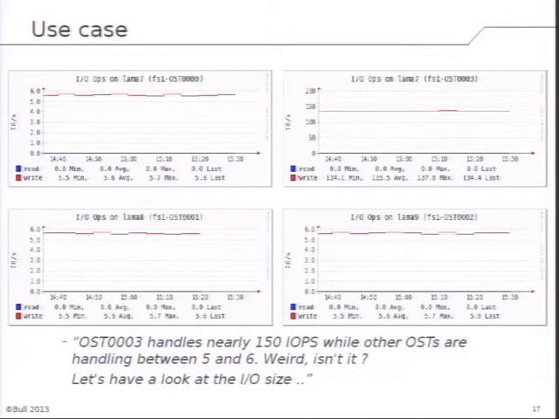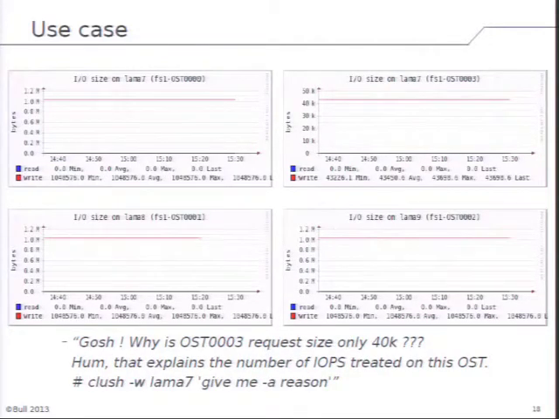So we're going to try to go further and look at the IO size, the mean IO size handled by OSTs. And here we see that everyone is handling about 1 megabyte requests, while OST 3 is handling 40 kilobytes per request.